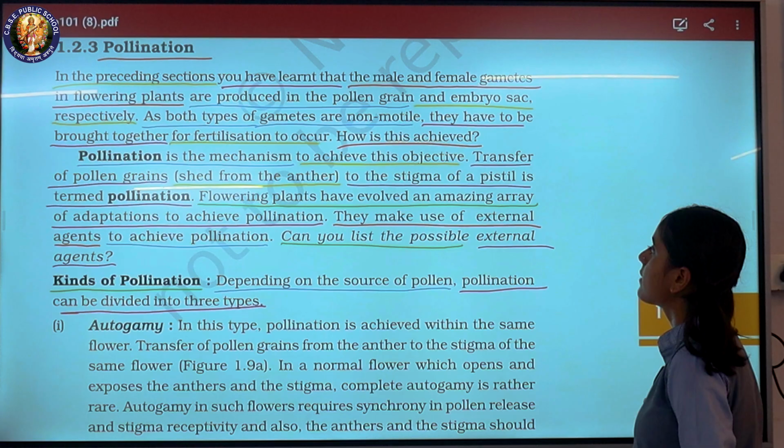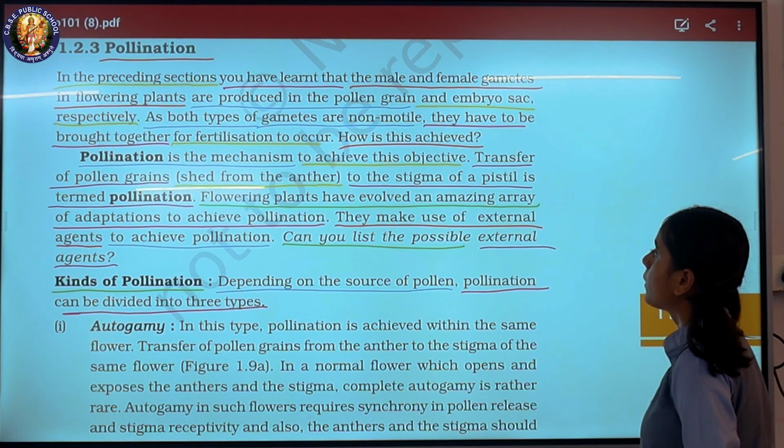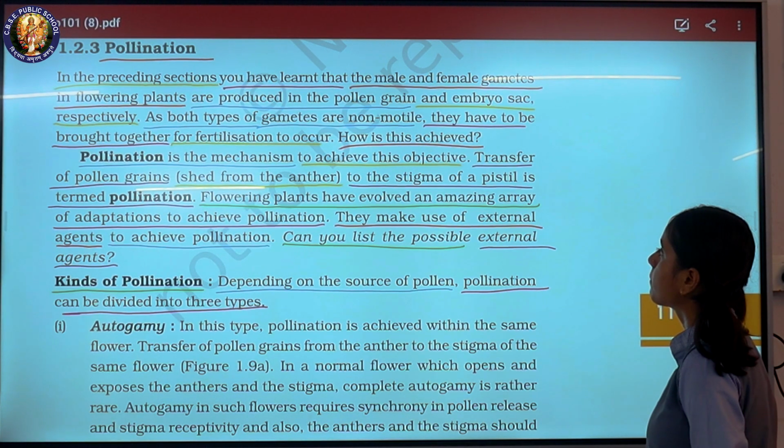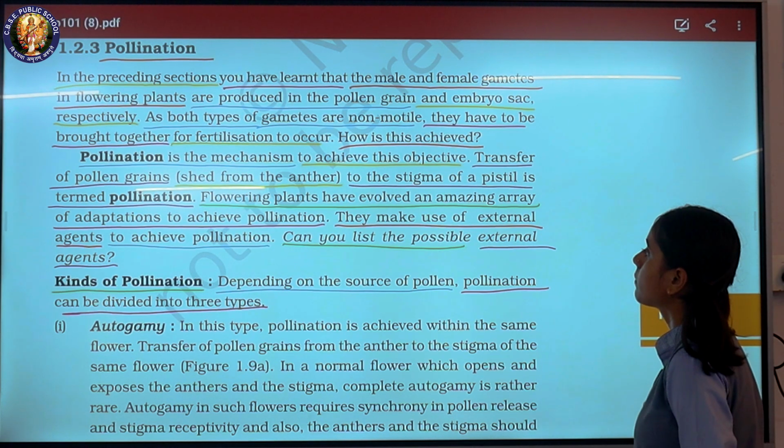Transfer of pollen grains shed from the anther to the stigma of the pistil is termed pollination. Flowering plants have evolved an amazing array of adaptations to achieve pollination.